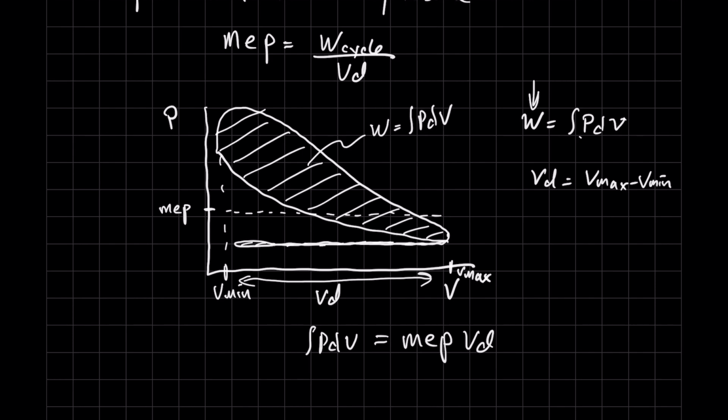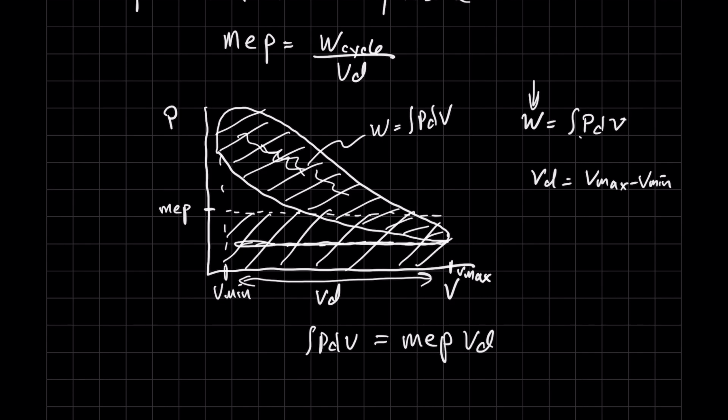So the area under the actual curve, this curve here, you can't see my pen, is equal to the area under the mean effective pressure curve. So the basic idea is that mean effective pressure gives you some sense of how much work the cycle is making, okay? The higher the mean effective pressure, the more work of the cycle, and vice versa, okay?